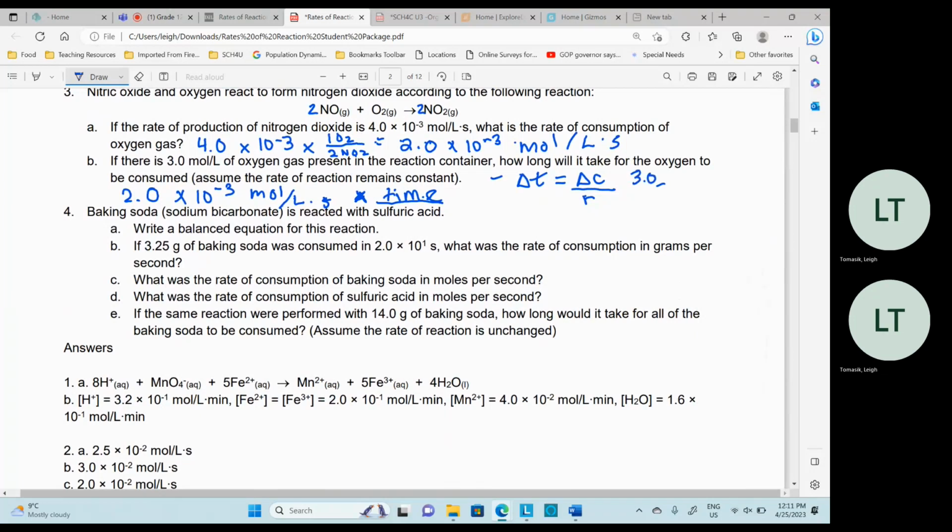So if we do 3.0 moles per liter divided by 2.0 times 10 to the negative 3 moles per liter second, I don't want to do this in my head, but we're going to get 3.0 divided by, need some brackets here, 2.0 times 10 to the exponent negative 3. So this is 1,500 seconds.